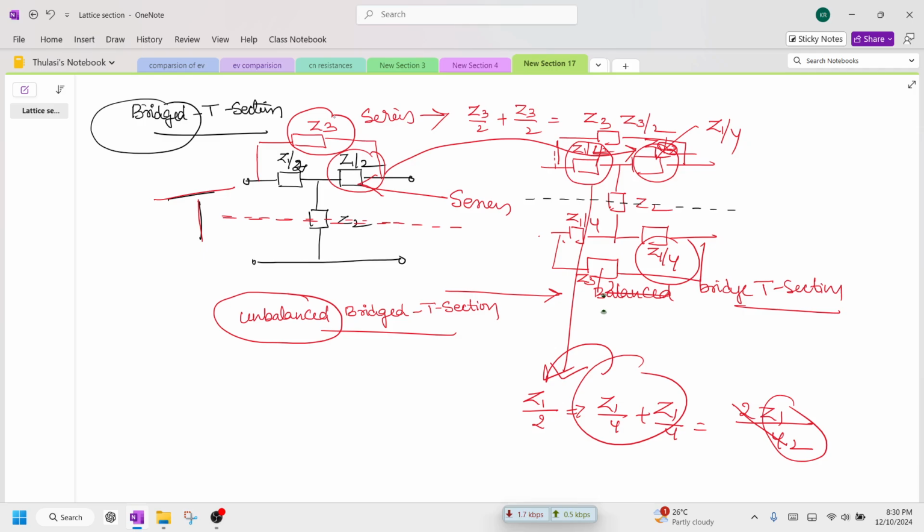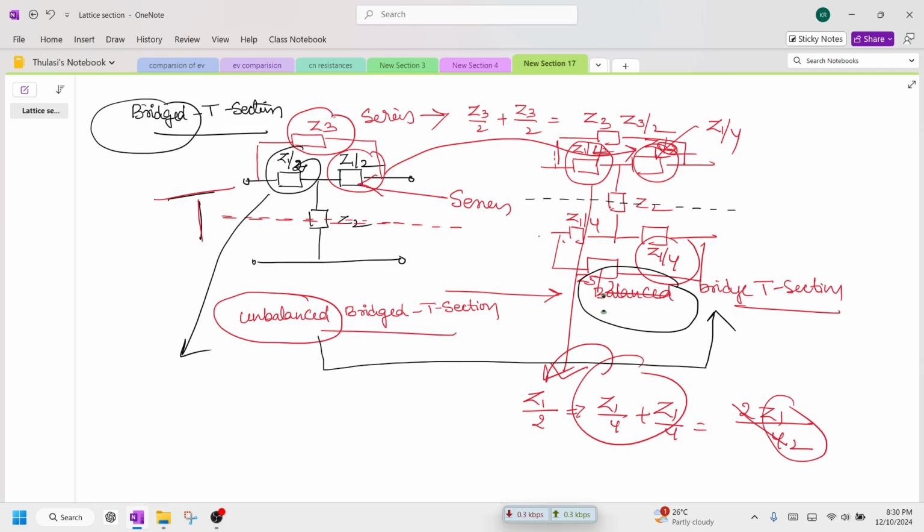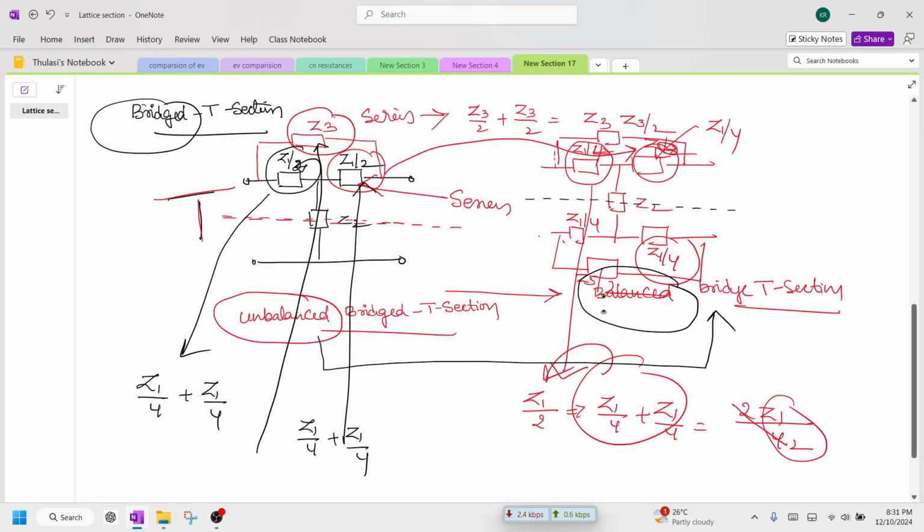Therefore, I have successfully transformed an unbalanced bridged network into a balanced bridge by making this Z1 by 2, which is a series branch, Z1 by 4 plus Z1 by 4, and this series arm also Z1 by 4 plus Z1 by 4, and the next series arm Z3 by 2 plus Z3 by 2.